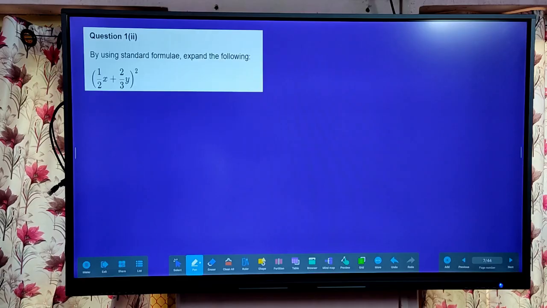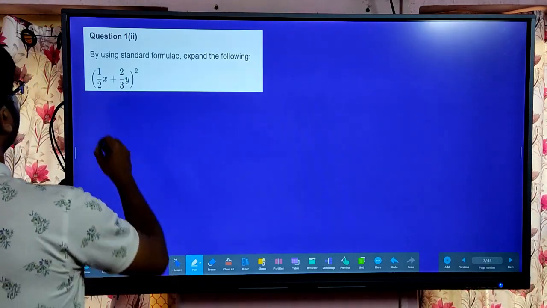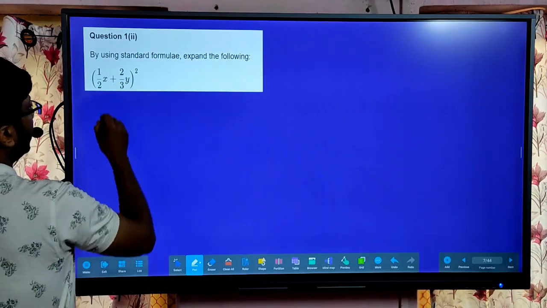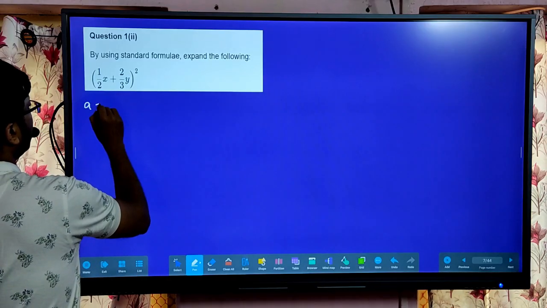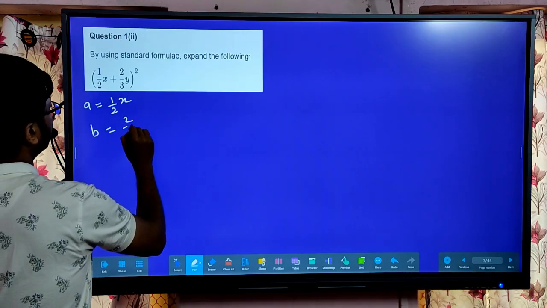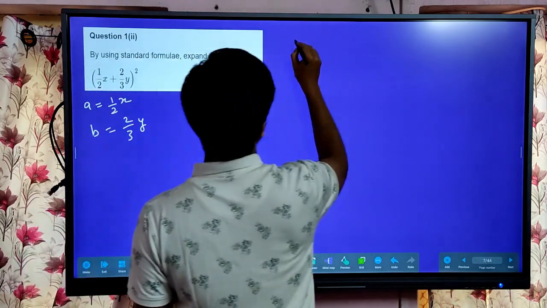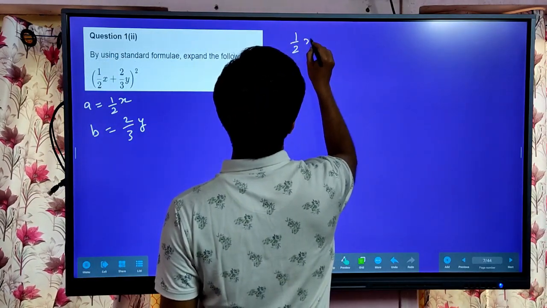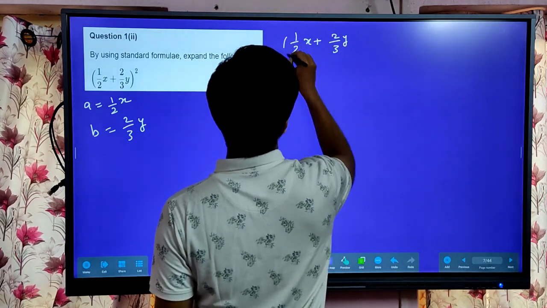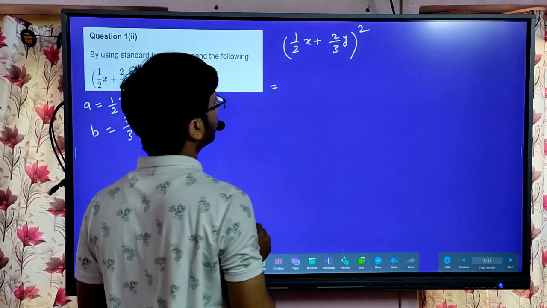By using standard formula, expand the following. Now this is (half x + 2 by 3y). So here also it will be (a + b) whole square, where your a will be equal to half x and b will be equal to 2 by 3y. Let us see. (Half x + 2 by 3y) whole square will be equal to a square.